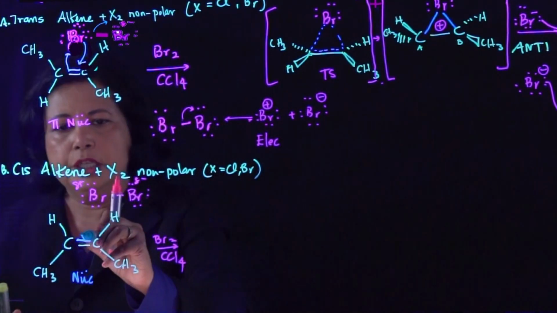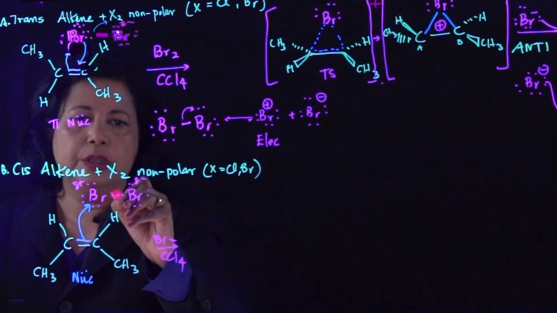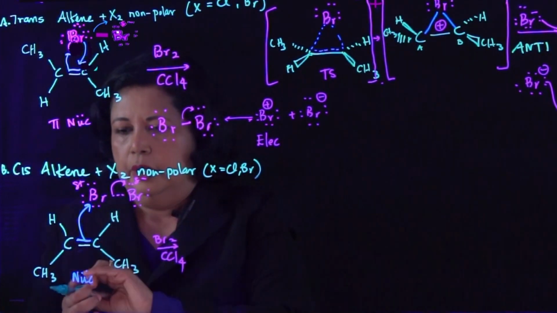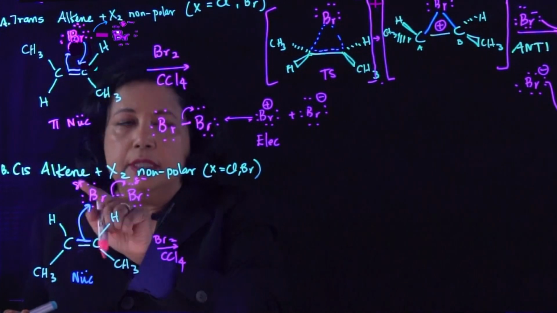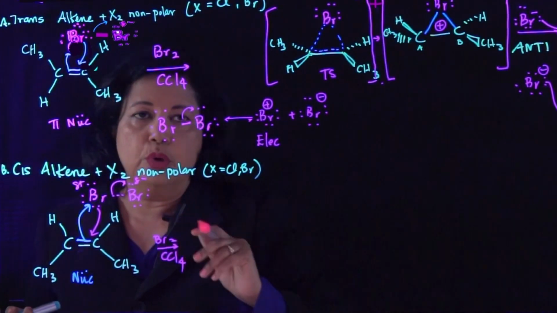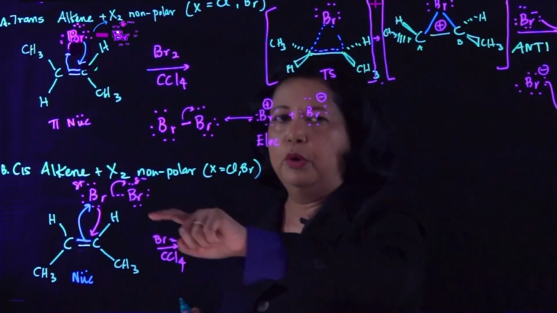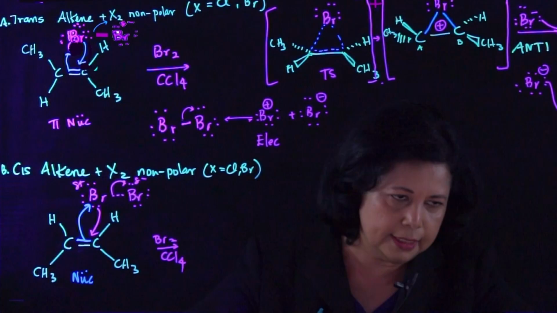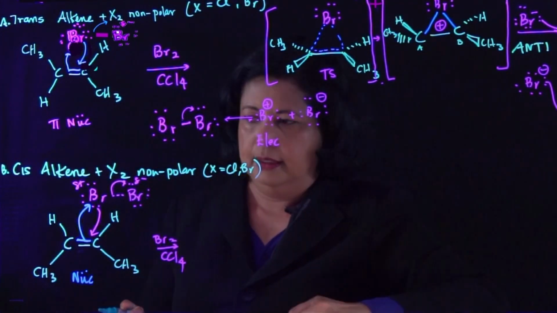Your pi bond catches the positive, which is going to be your electrophile, and pushes over that electron to the Br minus. So now over here, you also would have a positive charge if you pull this out, but you don't form a carbocation because those electrons go sit right on top of those alkene atoms. So this big bromine mama atom sits right on top of that alkene, both sides covered on that sofa. So it's covered that entire alkene surface.